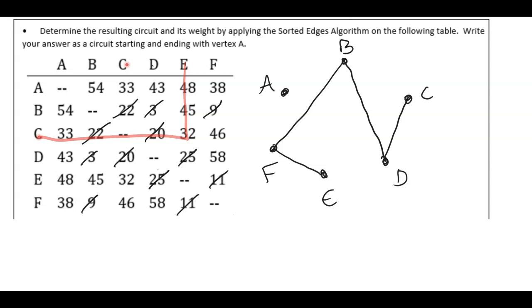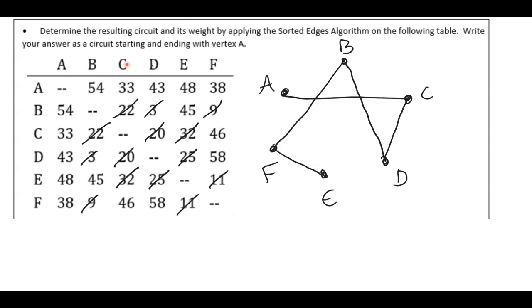E to C. E to C, again, we can't do that because it creates a circuit before A is visited. So you can go through the algorithm checking off the ones that don't work and just keep going until you finally stumble upon 33 is the next one. That can connect C and A. There we go. That one works.